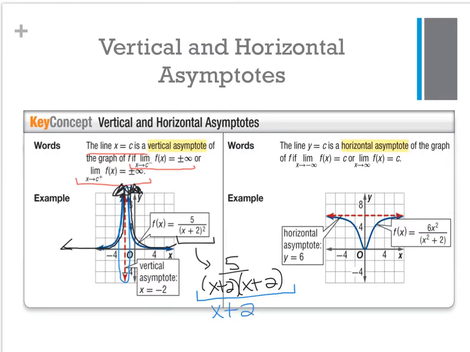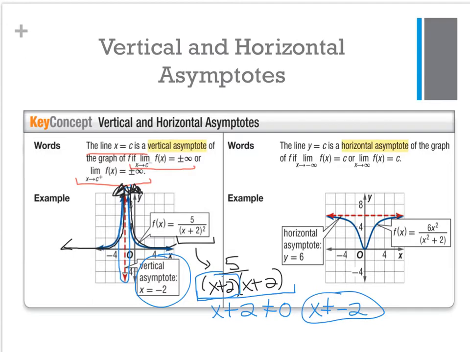So we know from finding the domain that x plus 2 cannot equal 0, which implies x cannot equal -2. So since x cannot equal -2, that implies that a vertical asymptote exists at -2, and the only reason it is a vertical asymptote is because we are dividing by a factor of x plus 2, which eliminates -2 from being a part of our domain.